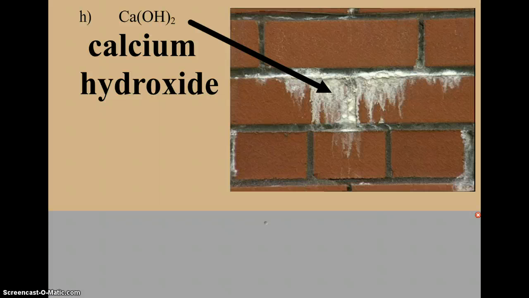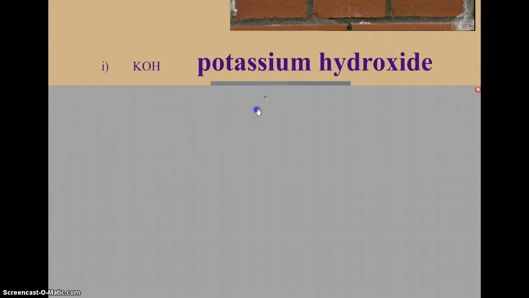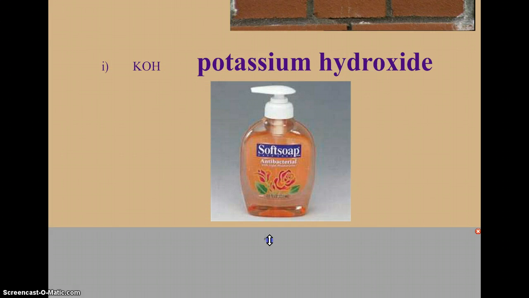Calcium hydroxide, again, you can see the hydroxide in the formula. If you ever see the white stuff seeping out of the mortar between bricks, that is calcium hydroxide. Potassium hydroxide, very common in liquid soap, soft soaps.